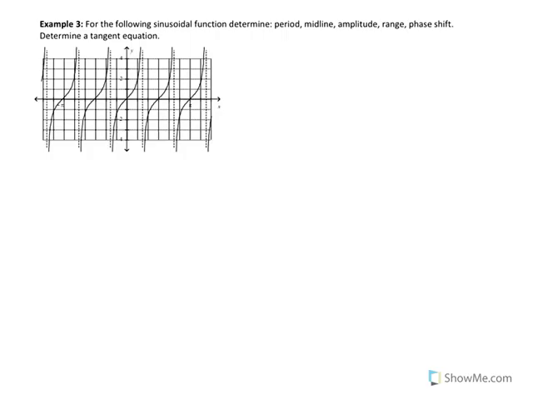So let's look at this one. For this graph, let's see how much each line's worth. So we have 1, 2, 3, 4, 5, 6 lines makes pi, so each line is worth pi over 6. And we have an asymptote here and here, so we're going to think about that as pi over 12s because we're going halfway through the line here.